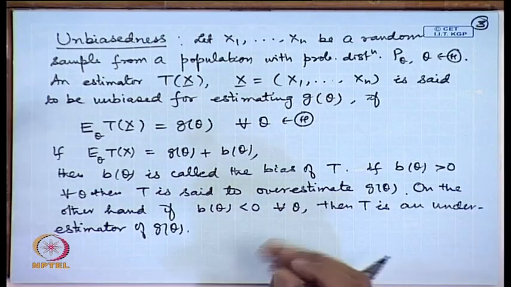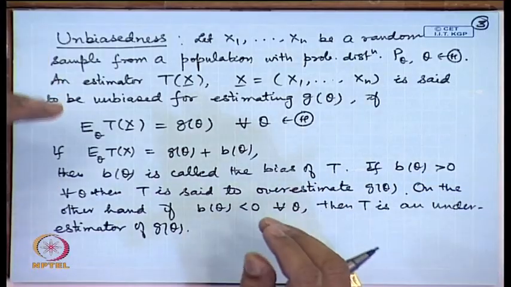For example, if you are considering building of a bridge, then if we overestimate the strength of the concrete that is being used to build the bridge, then it may be very disastrous because it may break down when the vehicles are plying on the bridge, and it may lead to serious accidents. Similarly, in certain other cases, underestimation may be more serious. So, one has to be careful about how to control the bias of a given estimator. So, let us take some examples now.